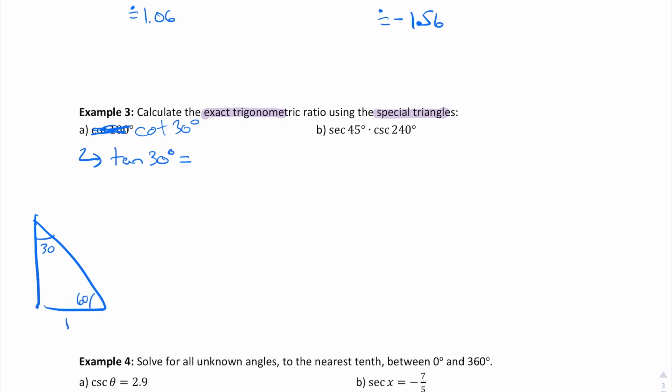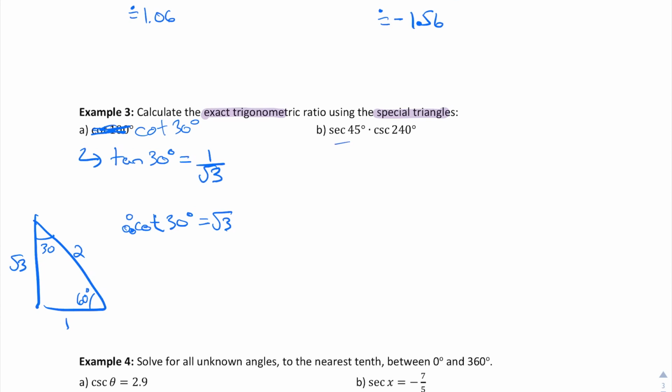There's 30, opposite 30 is 1, there's 60, opposite 60 is root 3, and then the hypotenuse is 2. So tan of 30 would be opposite, which is 1, over adjacent, which is root 3. So therefore, cotangent of 30 is just the flipped version of that, which becomes root 3 over 1. So cotangent 30 is root 3.